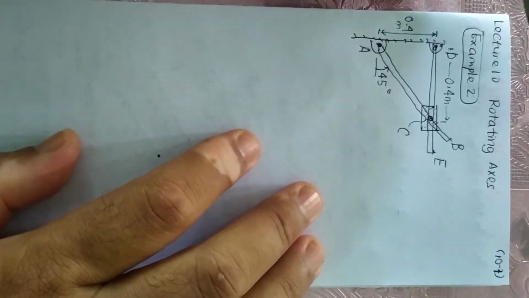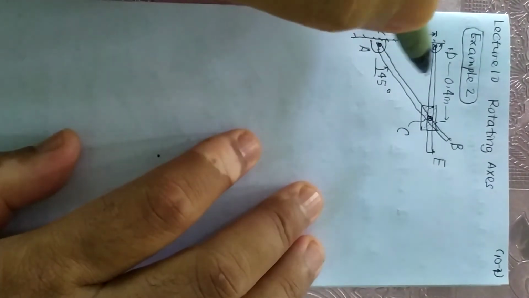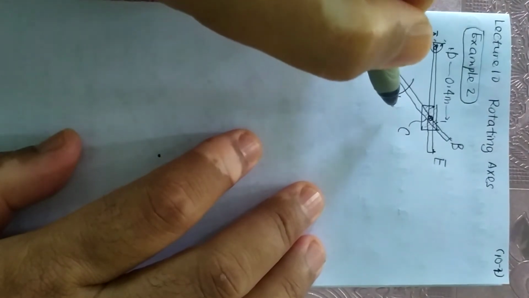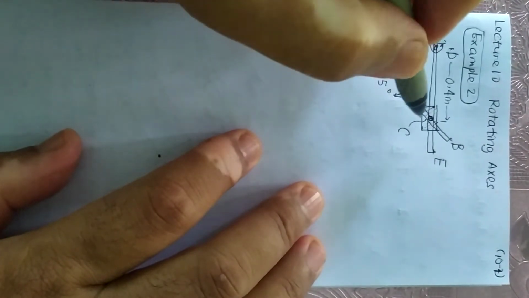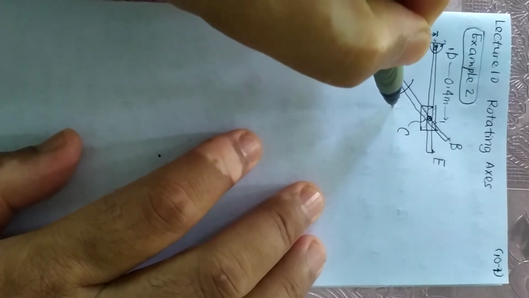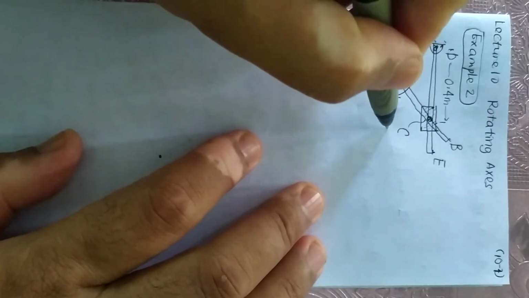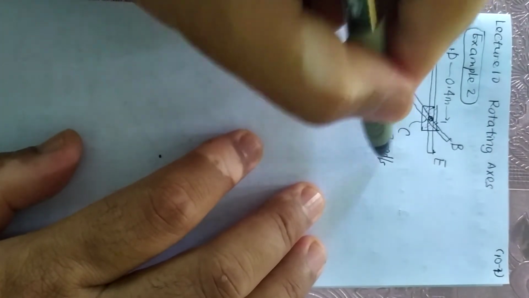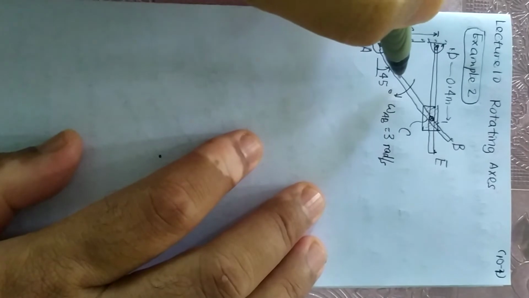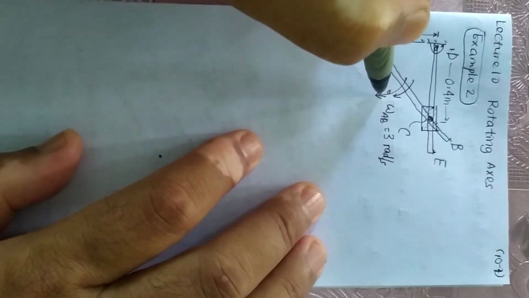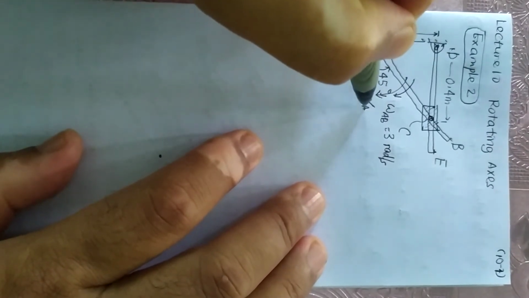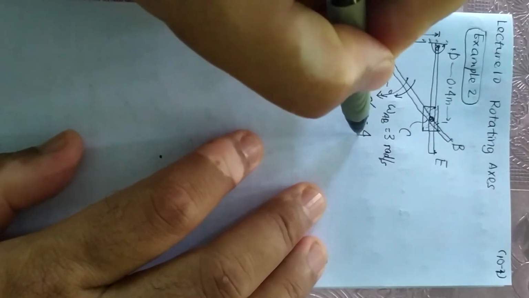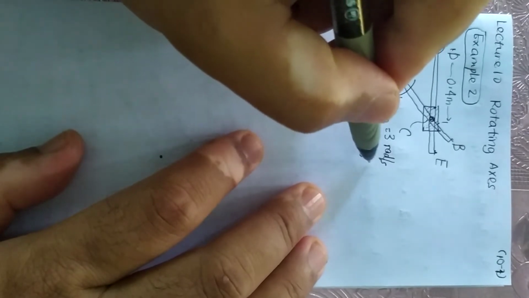For this given instance, bar AB is rotating at omega AB equals 3 radian per second, and it's also accelerating, alpha AB, at a rate of 4 radian per second square.